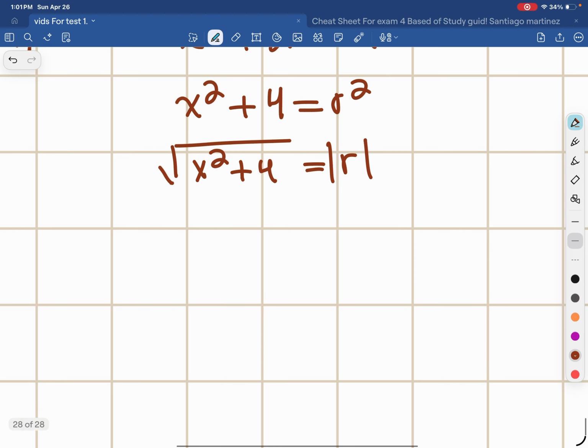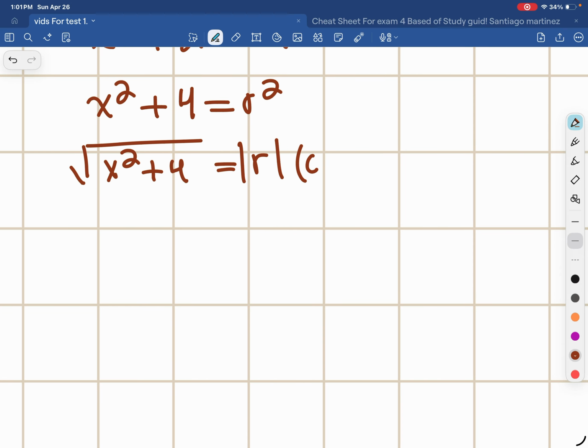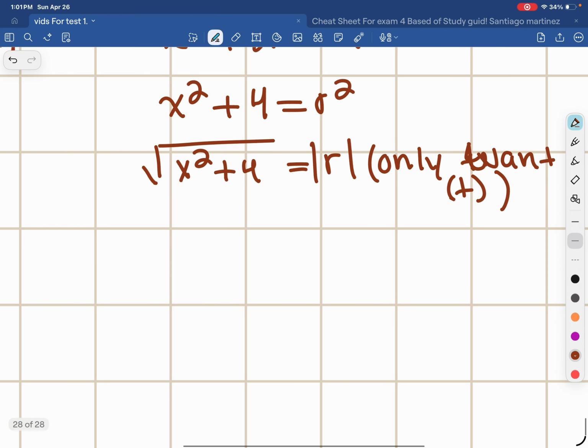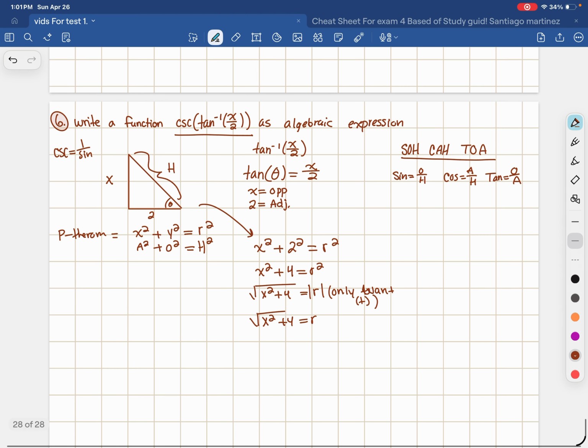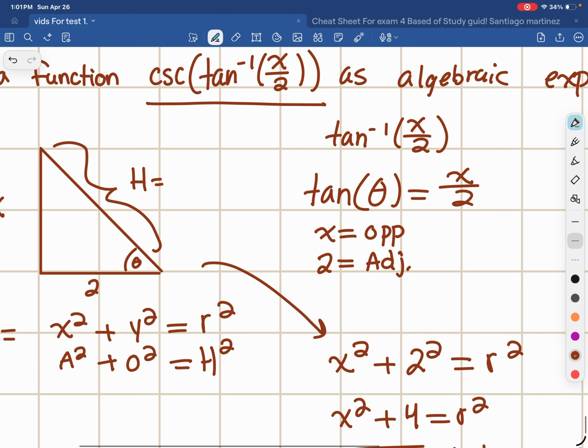We make a note that we only want positive because we're dealing with triangles, so you can get rid of the absolute value. That is our hypotenuse value: the square root of x squared plus 4 is equal to r, so h is the square root of x squared plus 4.